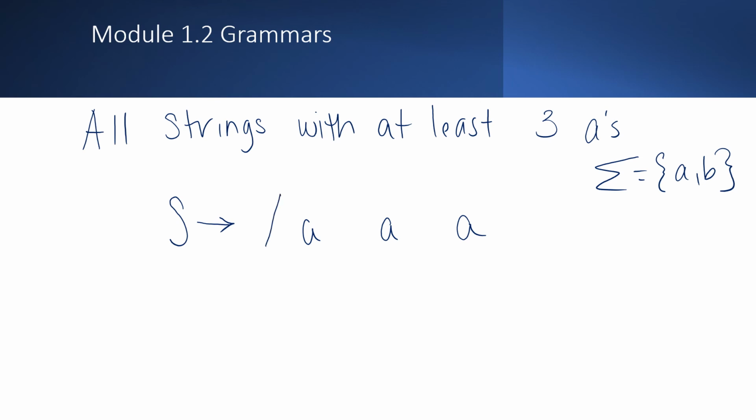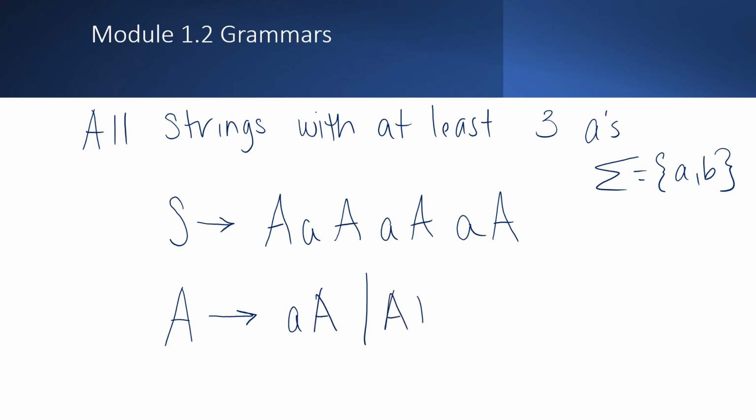So we could have an A or a B here, here, here, or here. And then our variable A would either add an A, add a B, or not. So this is an example of a string with at least 3 A's.